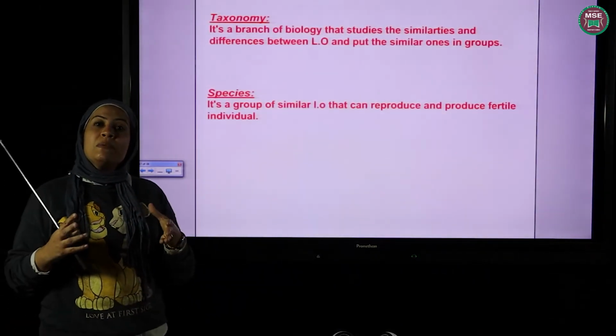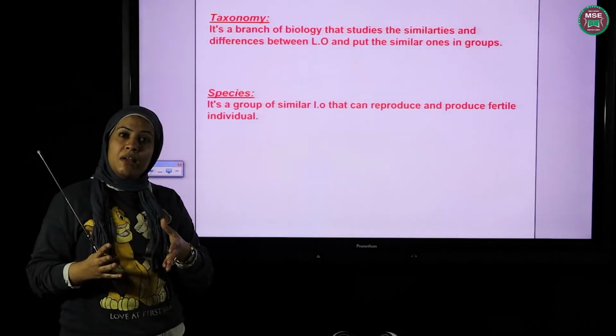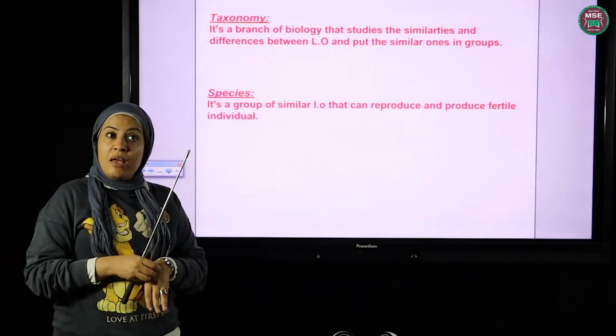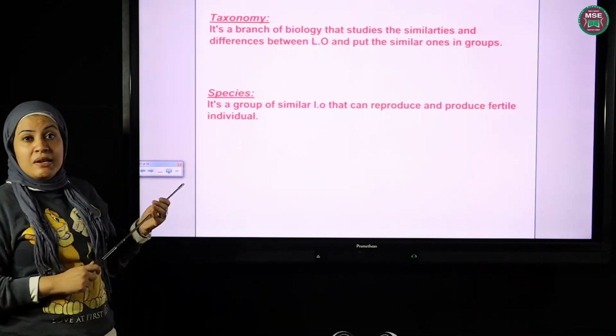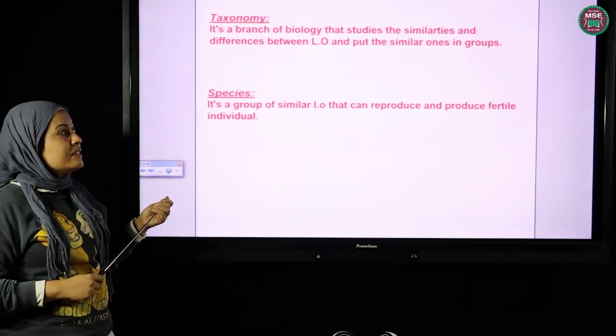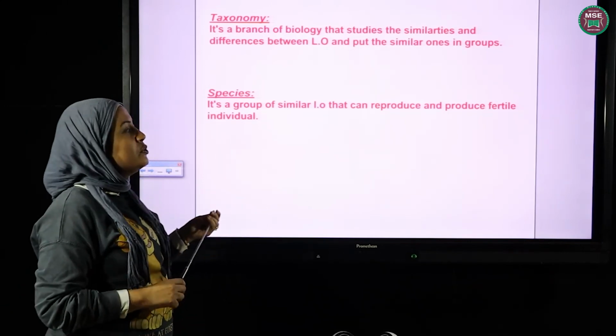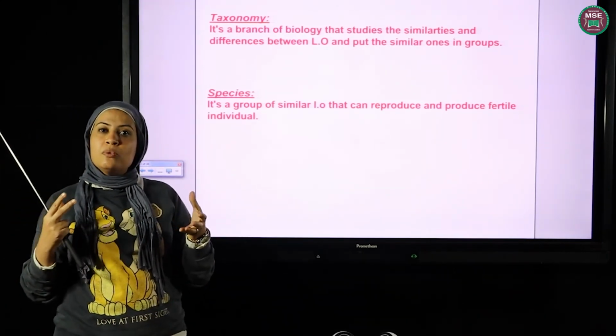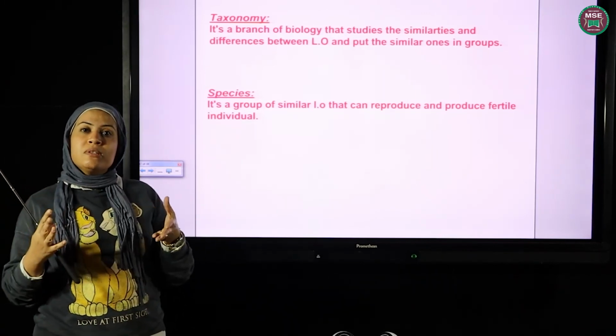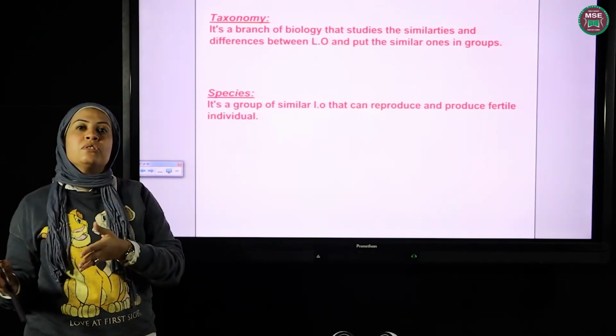The living organisms that are more similar in their properties are called species. Species is a group of animals that can reproduce and produce fertile individuals. So if there is mating between living organisms, they should be of the same species.